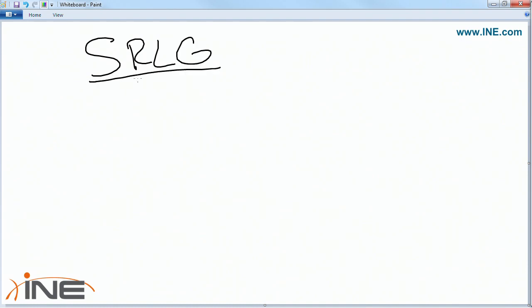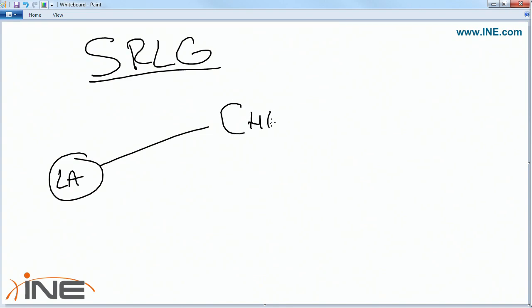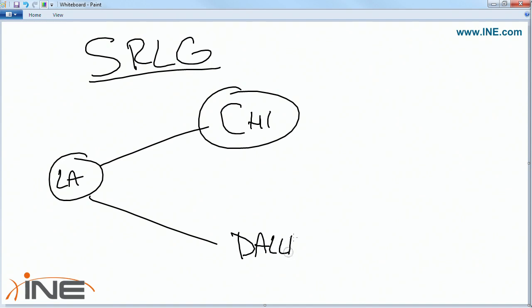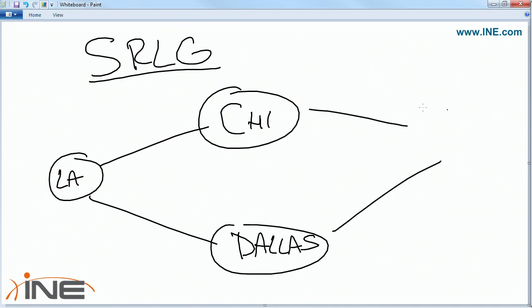What this is, basically, is a layer 1 function of the network, where let's say that we have long haul links going from Los Angeles to Chicago and LA to Dallas, and then from there to New York.